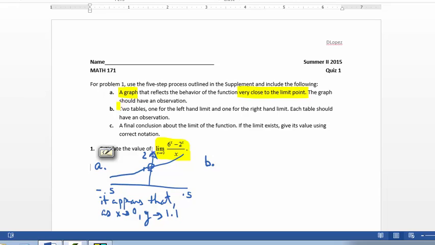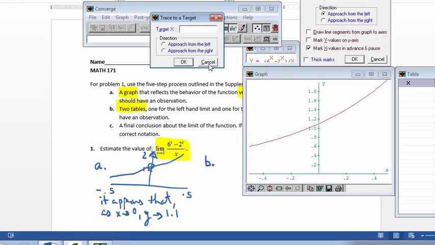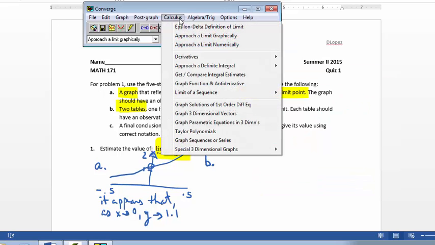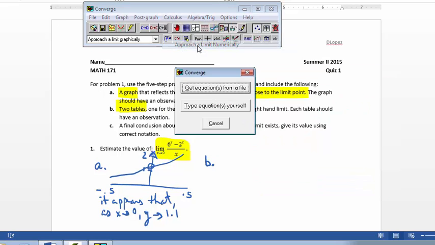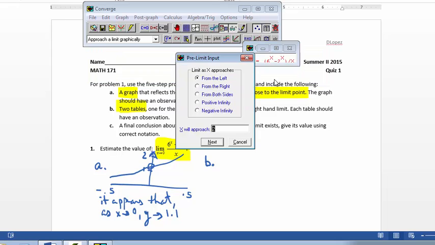And then 2 tables. Now for the 2 tables, I would probably use the calculator, but I'll use Converge because I don't want to have to open the calculator. So let me close this off. Now if I say approach a limit numerically, which means I'm doing a table, and I type in 6 to the x minus 2 to the x over x, same thing, it's already in there.